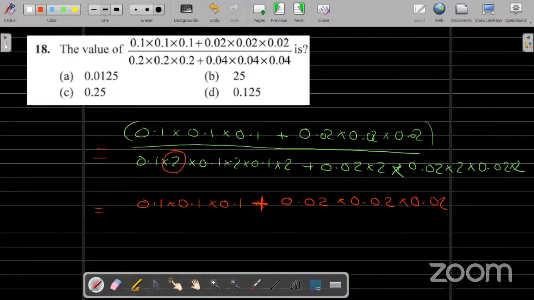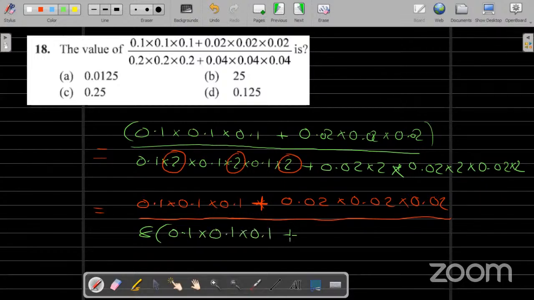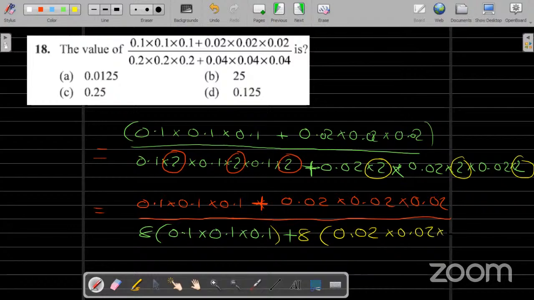In the denominator we have 2 into 2 into 2, that is 8, into 0.1 into 0.1 into 0.1, plus in the other term in the denominator also we have three 2's, 2 into 2 into 2 is 8, into 0.02 into 0.02 into 0.02. That means we can take the 8 in common.